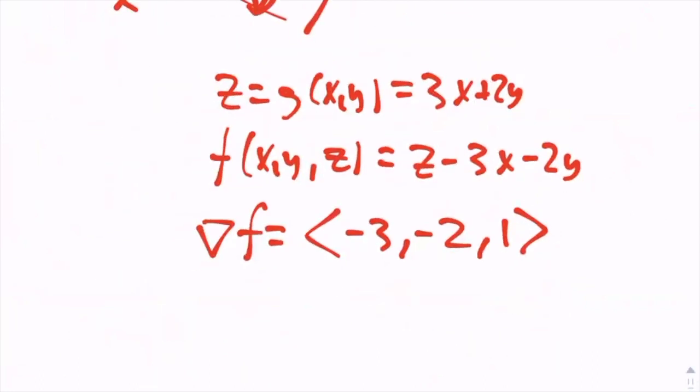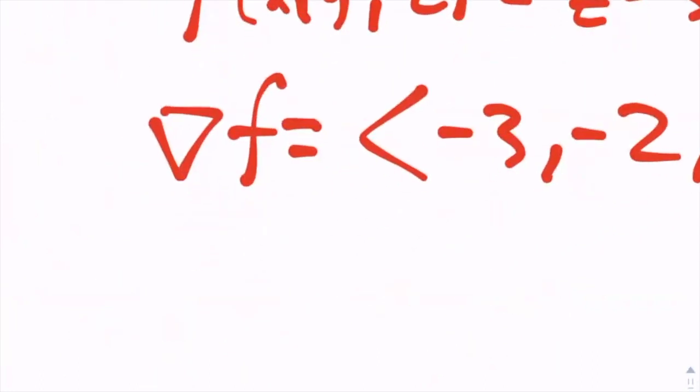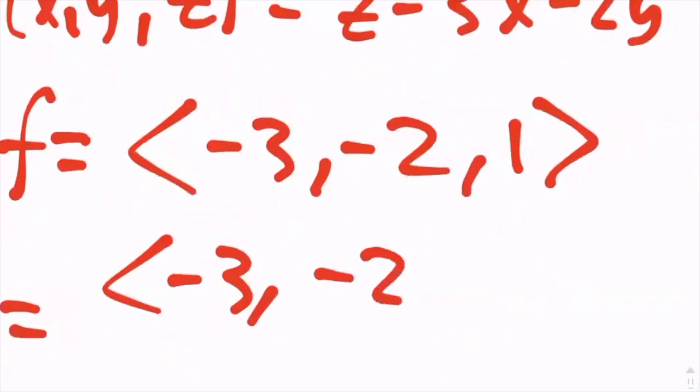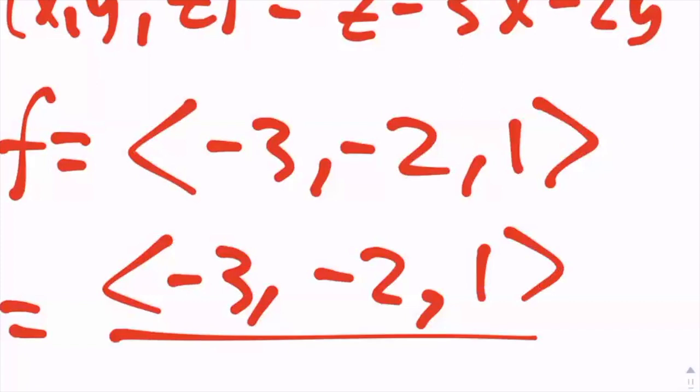And then again, we need the unit normal vector, not just the normal vector. So we are going to divide by the magnitude of the gradient f.